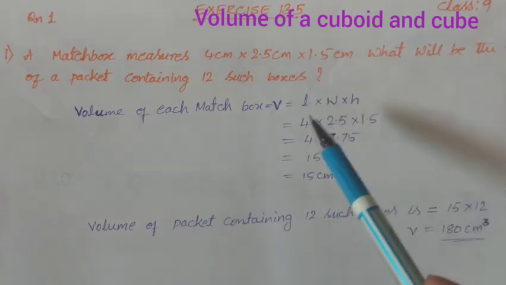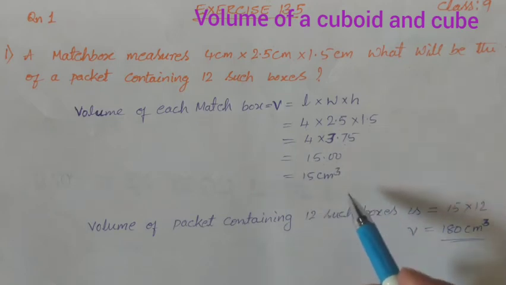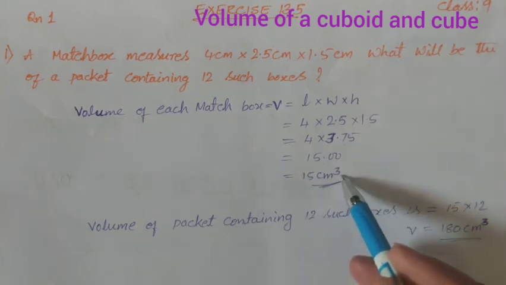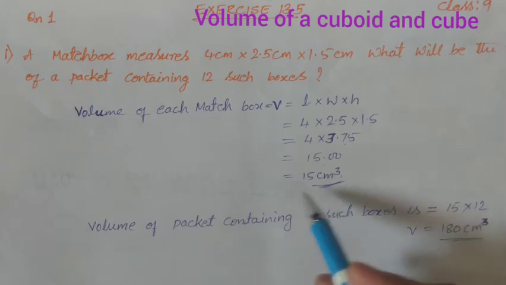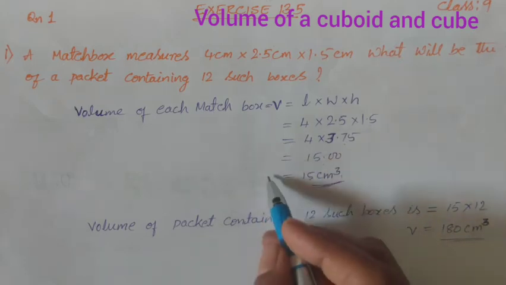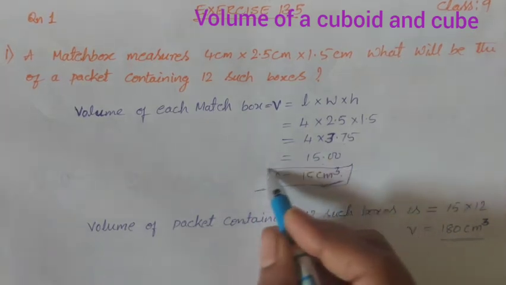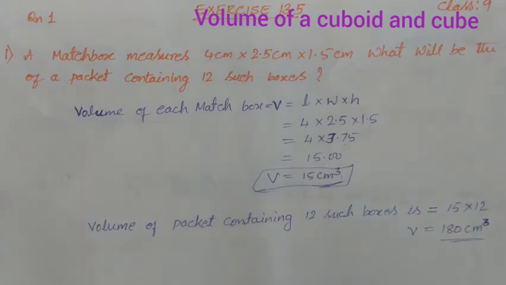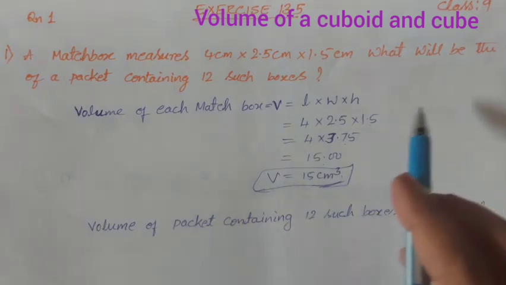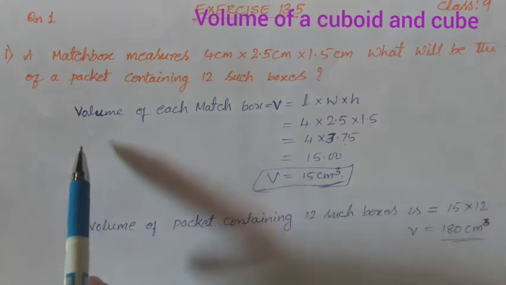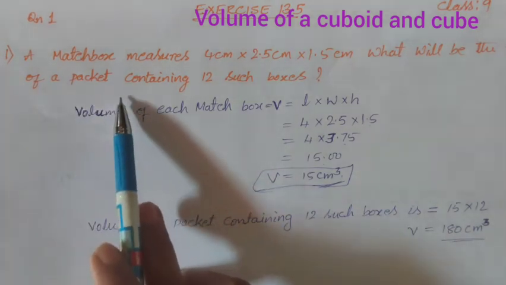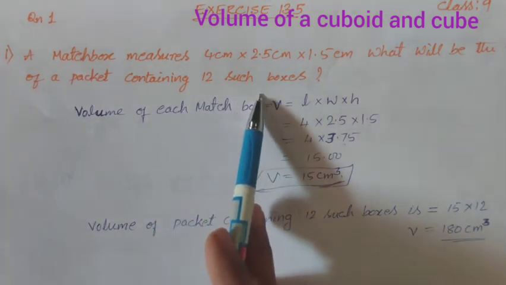That is 15. The unit of volume is cubic centimeter. Therefore the volume of each matchbox will be 15 centimeter cube. Now we can find the volume of a packet containing 12 such boxes.